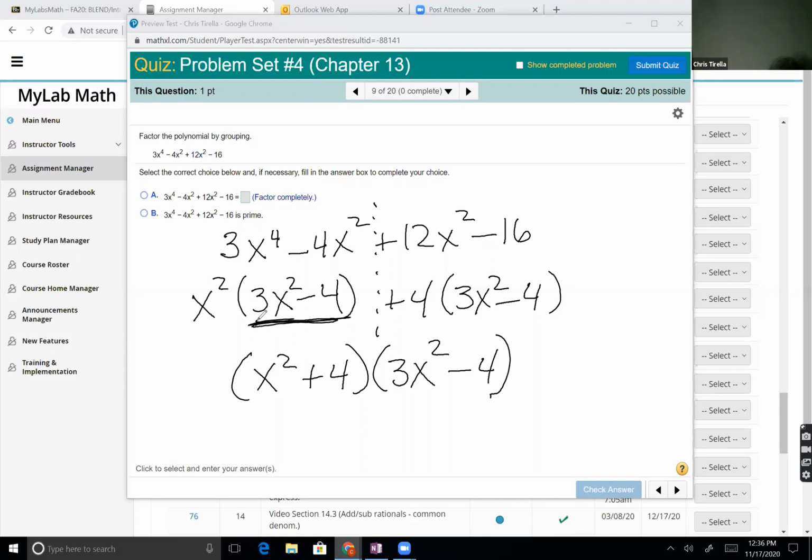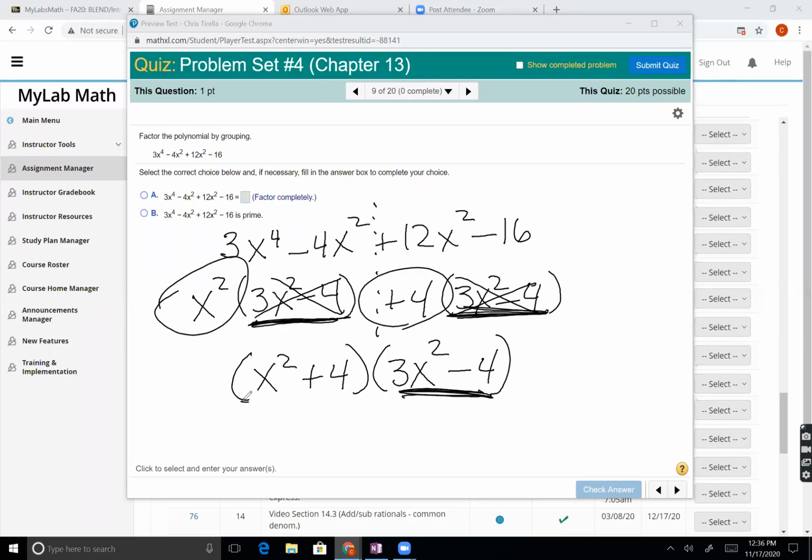Did you get that both of them had that 3x squared minus 4? Yeah, so that's my common factor. And then to find the other factor, if I cross those out, what's left? Yeah, the x squared plus 4. Okay? Yeah.